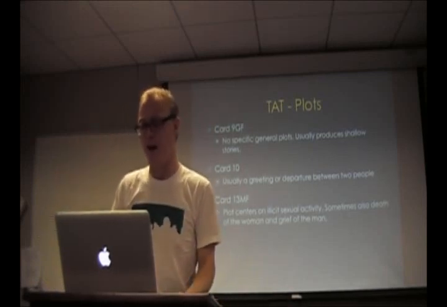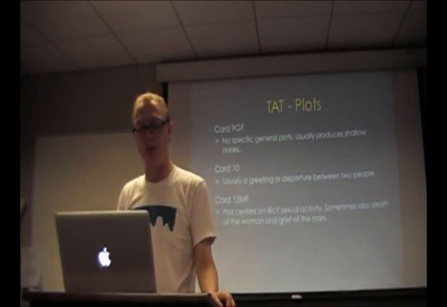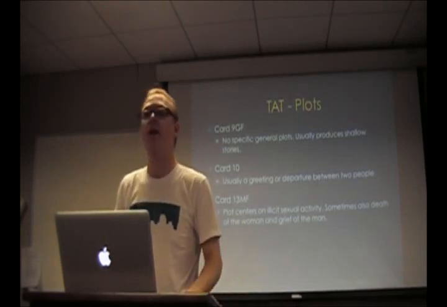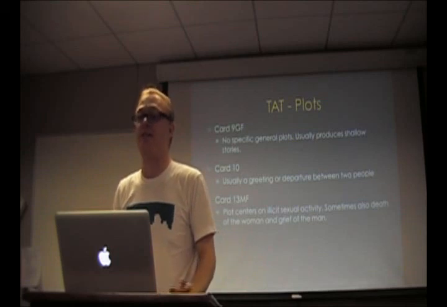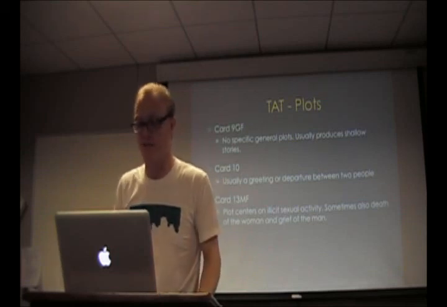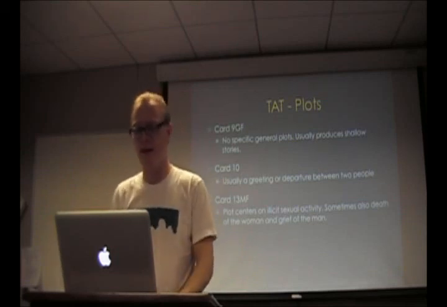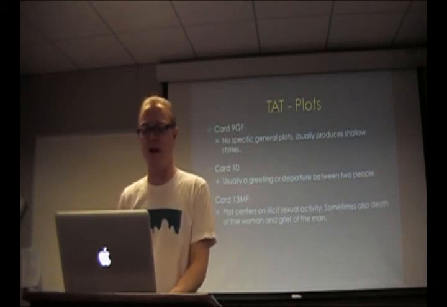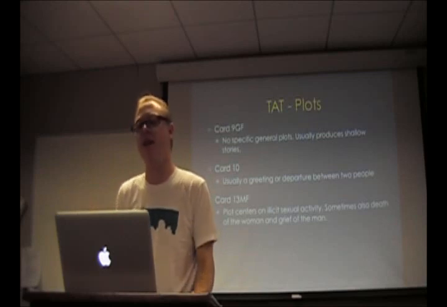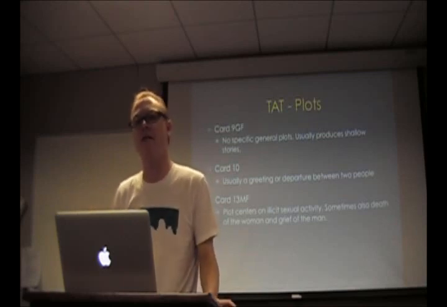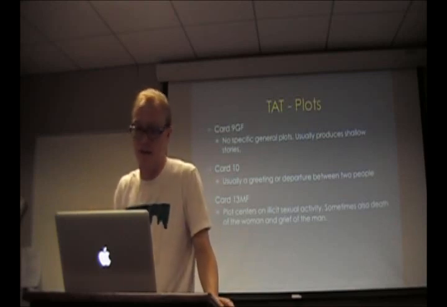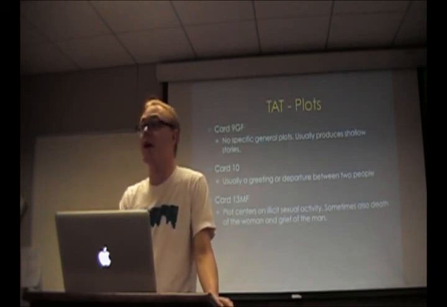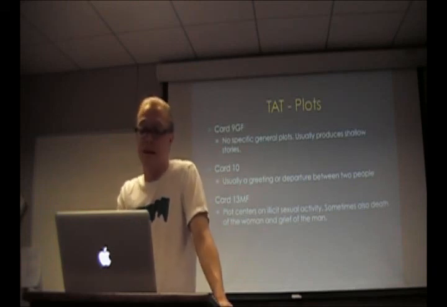Sometimes the woman is portrayed as dead, and the man is grieving. Sometimes it's just an affair. That's what is meant by illicit sexual activity. I feel like the fact that the source I looked at calls it illicit sexual activity shows how antiquated a lot of this is and how it's not really modernized for the times. Again, that's an issue that will affect the reliability and validity of it.